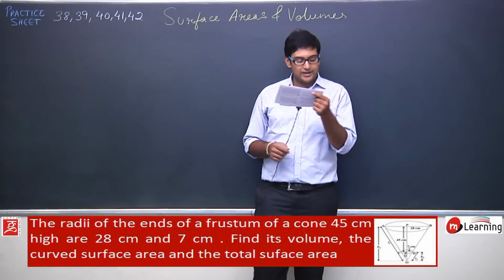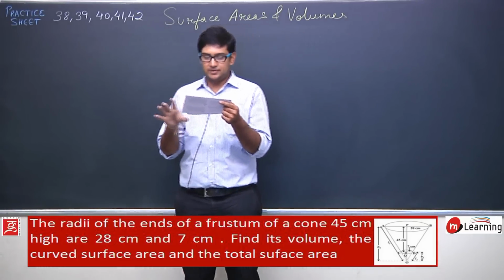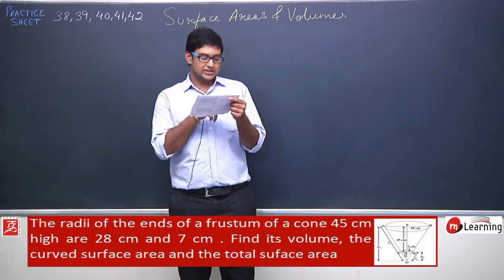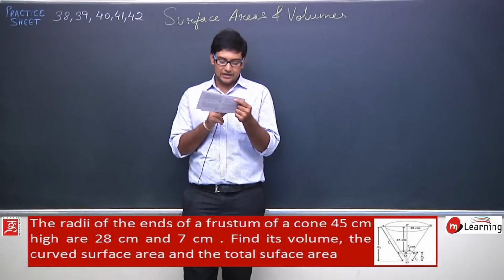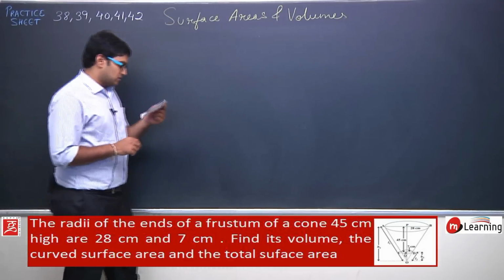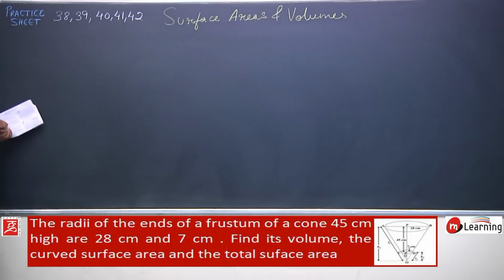So what we can see is, there is a frustum which is made from a cone and we need to determine its total surface area, its volume as well as curved surface area, and the diagram shows the details of this particular cone. Okay, so let us solve question number 38.